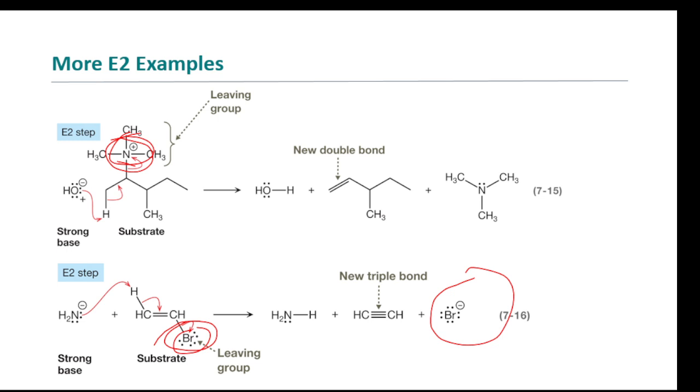So when you look at these, it always trends towards the weakest acid-base pair, just like any other acid-base reactions. Is that making sense? A little bit. Yeah. So for example, this right here is a much stronger base than this one.